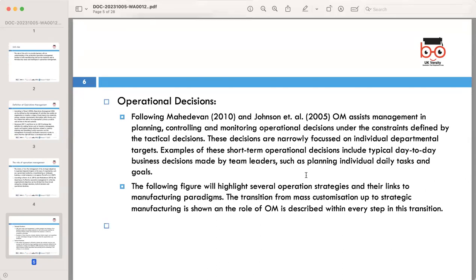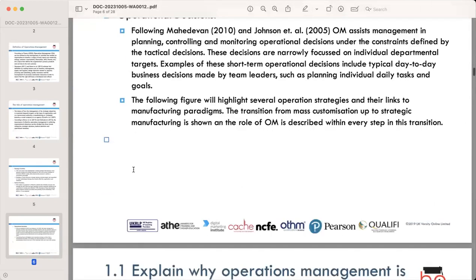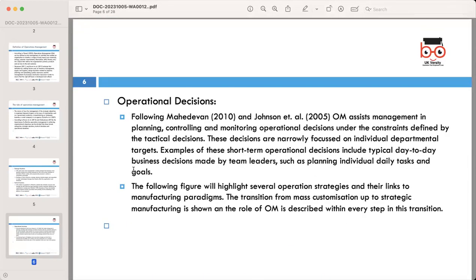So examples of such day-to-day operational decisions encompass tasks like planning individual daily activities and setting achievable goals. Okay. So operational decisions basically belong to day-to-day activities led by team leaders or junior management.